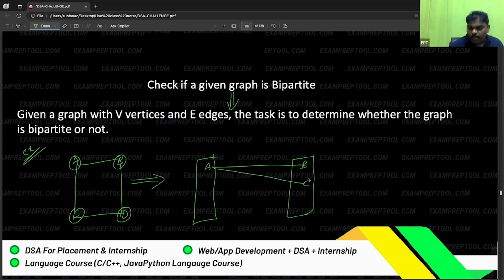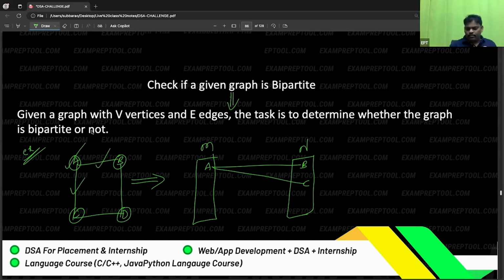Remember, if A is in the M group, A's adjacent vertices should be in the N group. That is the meaning of bipartite. If you can keep all the vertices like this without any ambiguity, then I can say it is a bipartite graph. So A's adjacent vertices B and C are in another group, so these are completed.